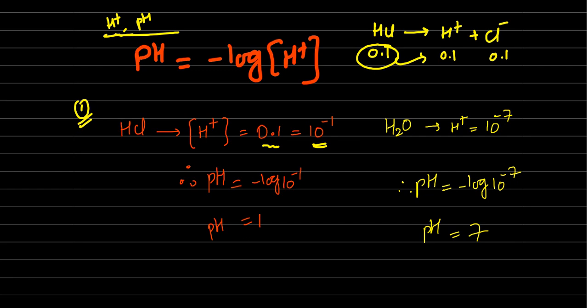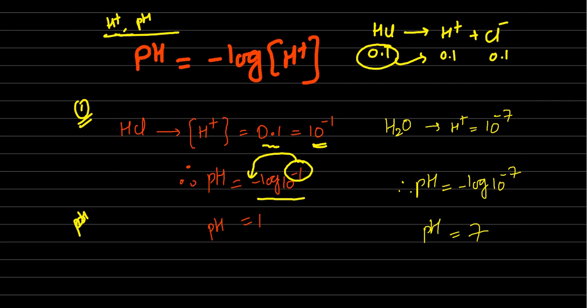If you put this value, pH equal to minus logarithm of 10 power minus 1, the H plus concentration. Then the formula is pH equal to minus log 10 power minus 1. So this minus 1 comes to the front.